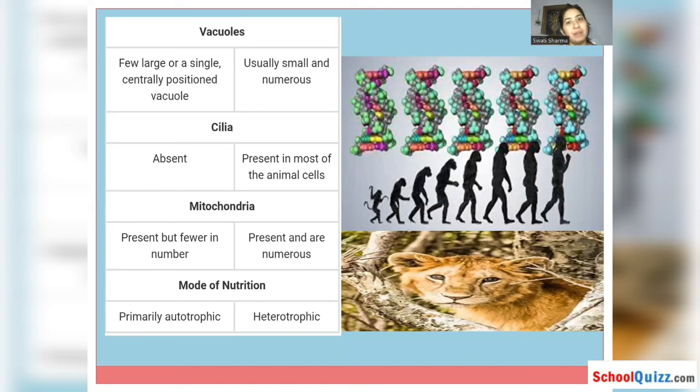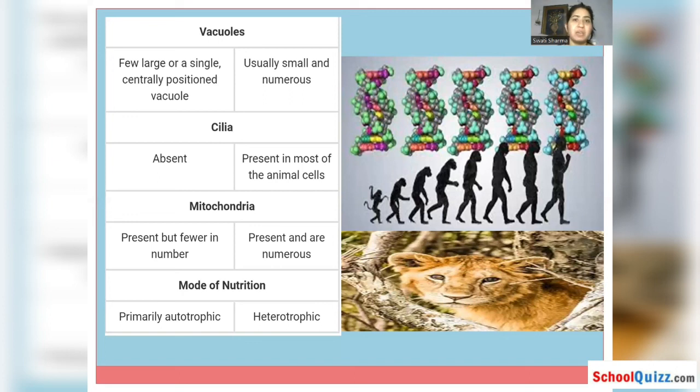So in that way, we have seen the major differences between plant cell and animal cells. Students, let me tell you, this is a very, very important portion, because many times in your exam, they will directly ask you to write differences between plant cell and animal cells. So it is very necessary to remember each and every difference, and many times you are also required to draw the diagrams of plant cell and animal cell.